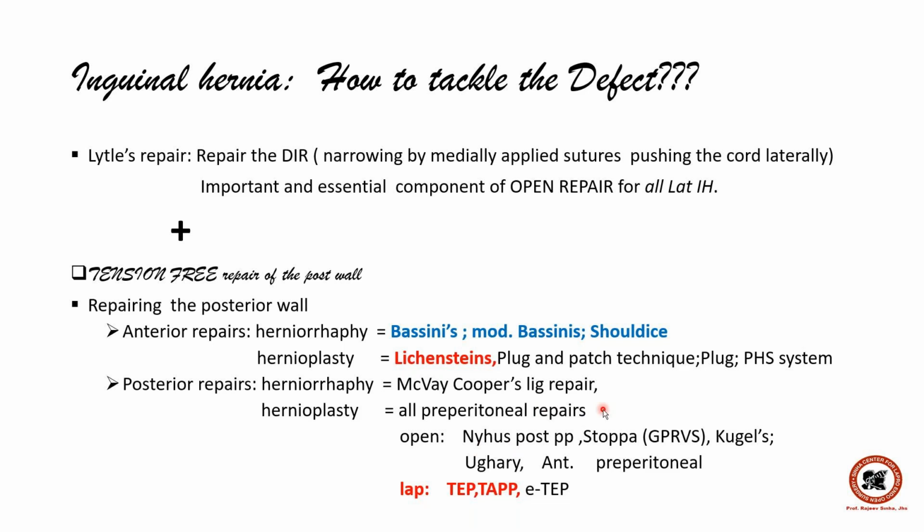It can be done by an open method: the Nyhus, the Stoppa, the Kugel, the Ughari, anterior preperitoneal, or it could be a laparoscopic repair where you do a TEP, a TAPP, or an extended TEP repair. So you're doing a preperitoneal repair, whether it's a hernioplasty by open method or by a closed method. You could do a laparoscopic repair or an open repair.